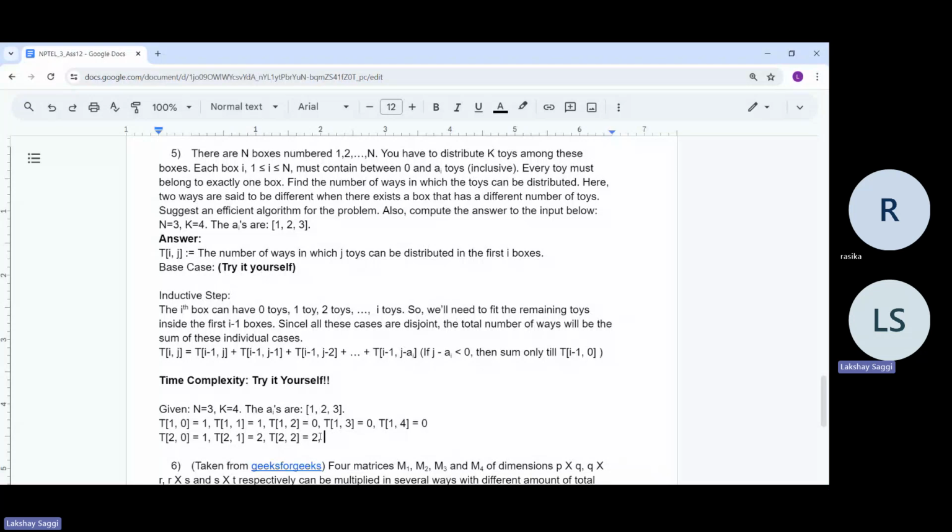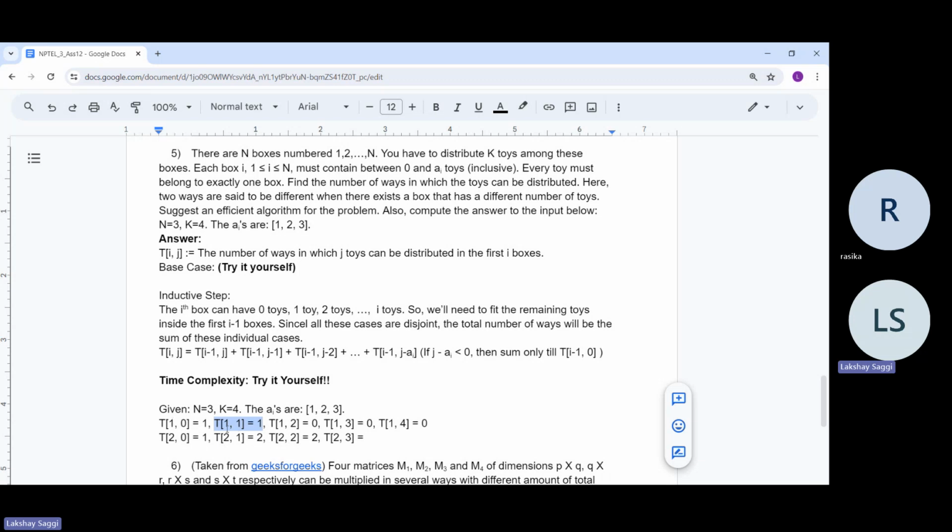Now for T of 2 comma 3, we can fit in a maximum of two toys here. So if we fit in 0 toys, then it will be 0, then 0, and then this will be 1. We'll only sum till T of 1 comma 1, because J is 3 but I is only a maximum of 2, so we can't fit 3 toys into the second box.